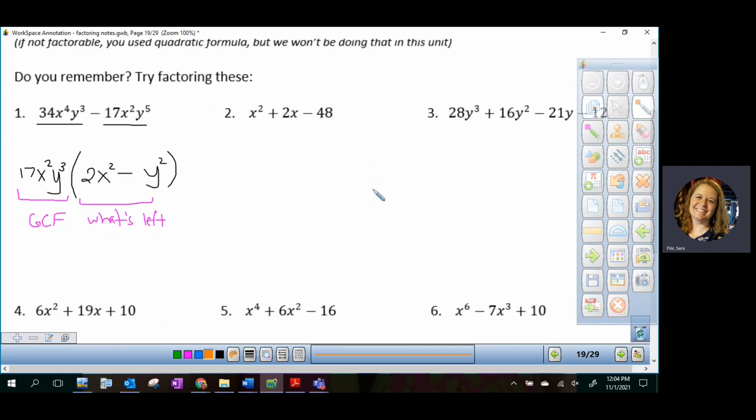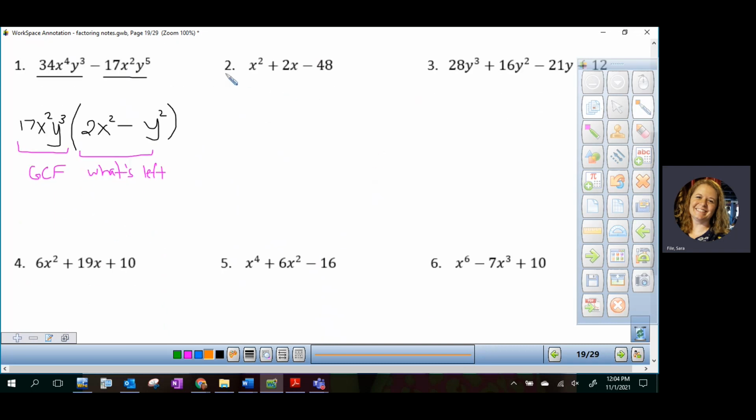Okay, so out of these examples, that would be numbers 2, 5, and 6 for sure. Those are all with an understood A value of 1. Okay, number 4 is also in that format, but the A value is not a 1. So number 4 is where those methods really come in helpful.